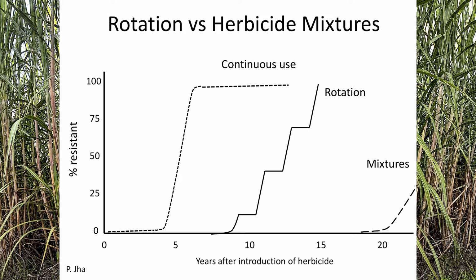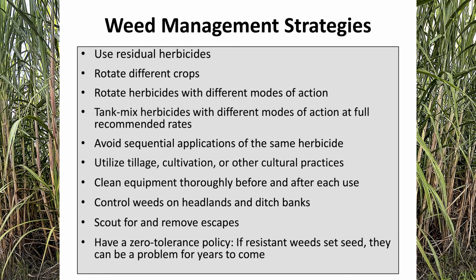When you rotate chemistries, it buys you a little more time, a stair-step effect. However, when you tank mix products, and I'd rather be tank mixing products with multiple sites of action. Again, I'm not saying to just rely on tank mixing. You need to integrate other weed management tools, but it's pretty interesting to see.